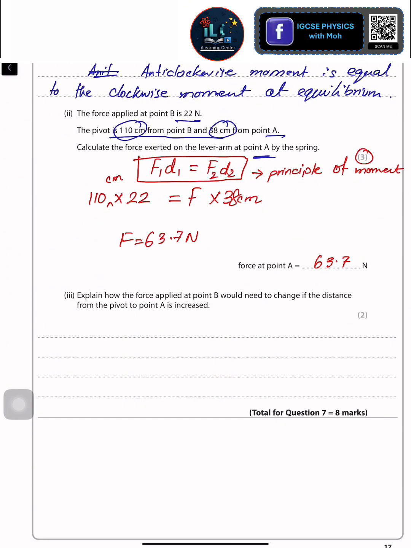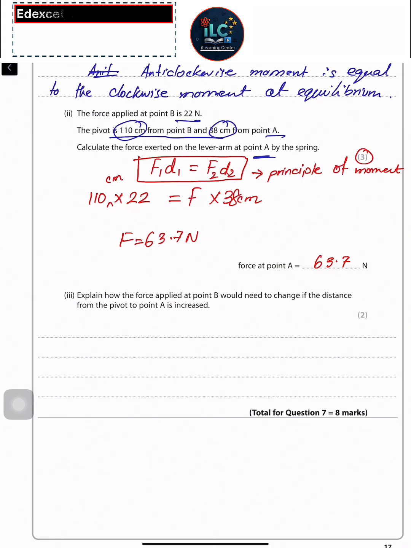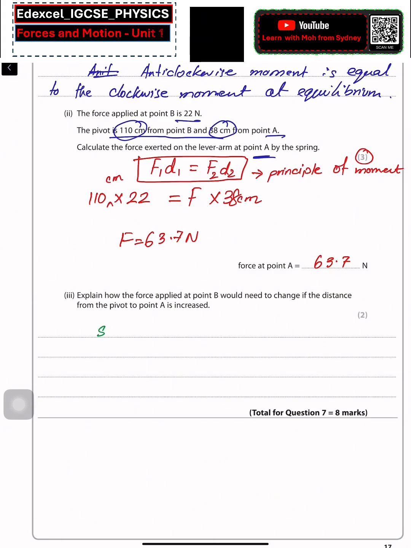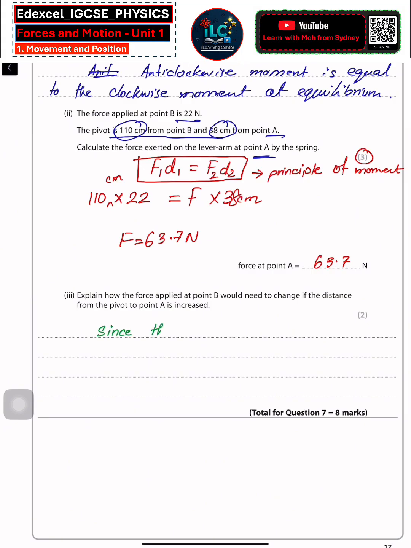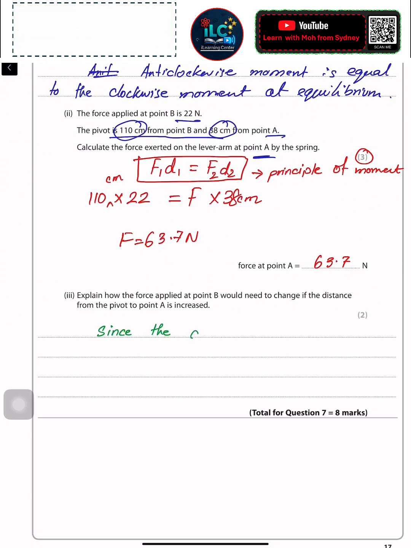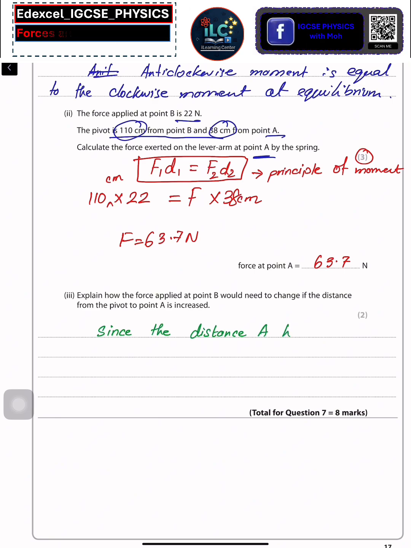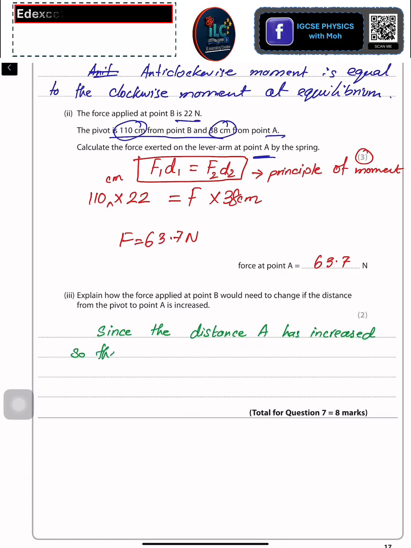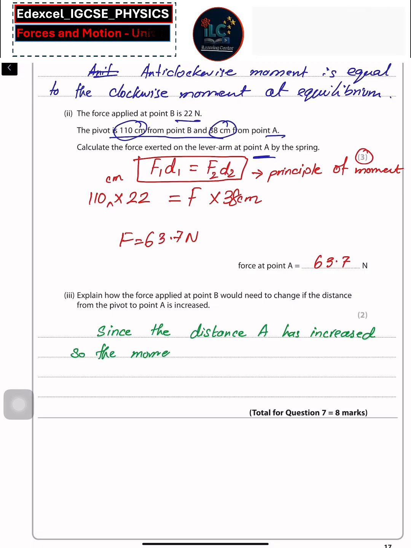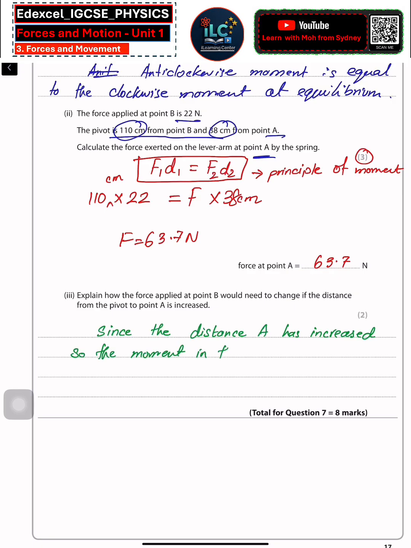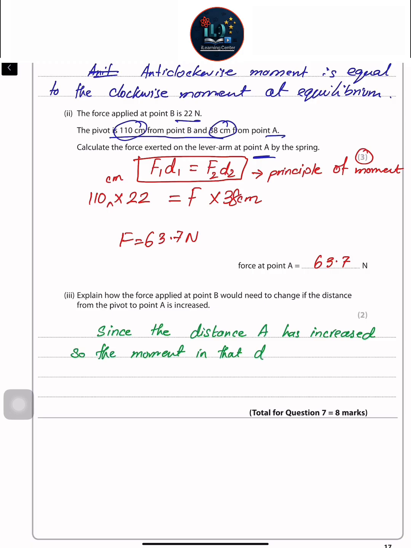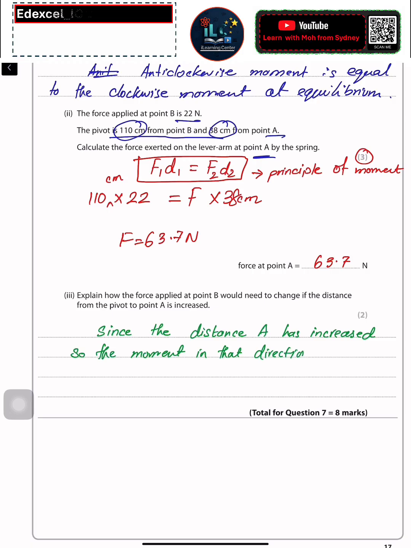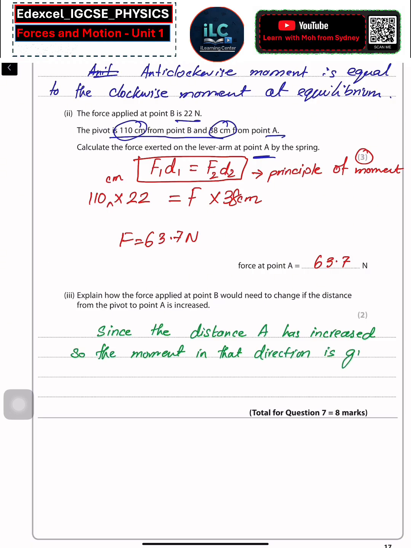We'll just say that, okay, since the distance to A has increased, so the moment in that direction is greater now.